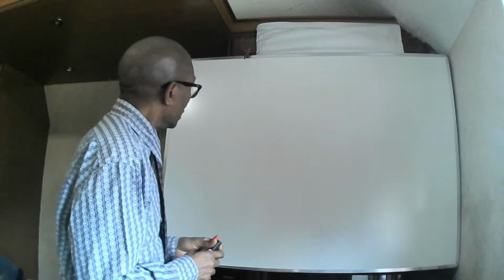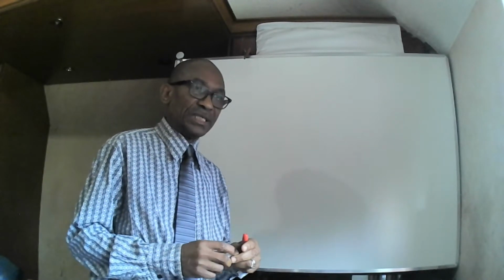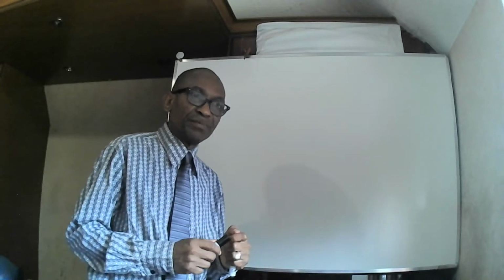Right. Budgeting and budgetary control. Let me pull out the question now so that we can go through it. The question is based on Baker Limited. Baker's Limited is preparing the budget for the quarter ending June 30th.